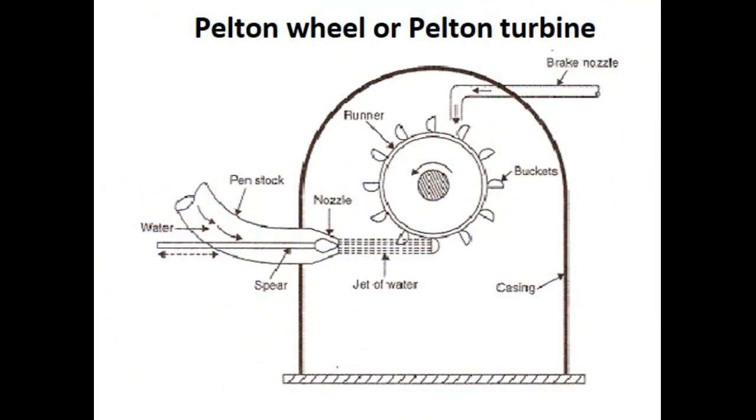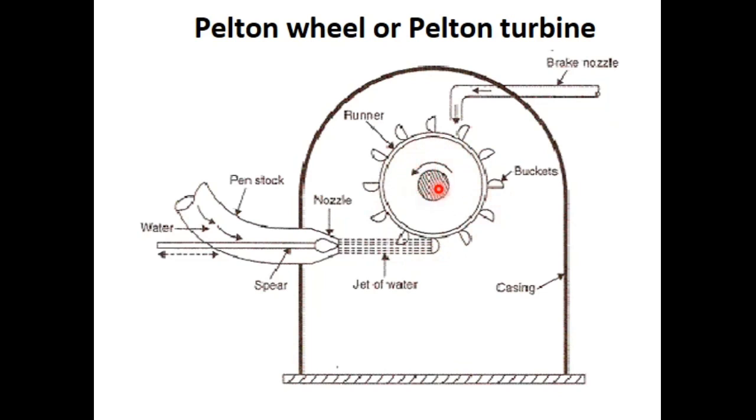So this is an example of a Pelton wheel turbine. As we discussed in the previous slide, the penstock has a nozzle shape at the end, which creates a jet of water. This jet of water impacts on a blade, also called a vane, of the turbine, due to which the turbine rotates. The rotation is shown here.